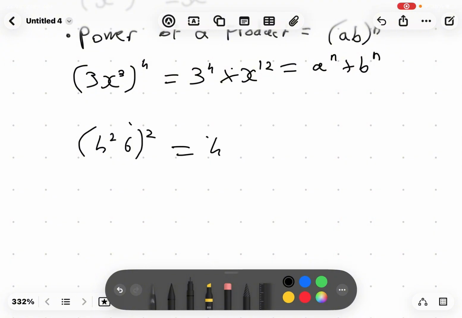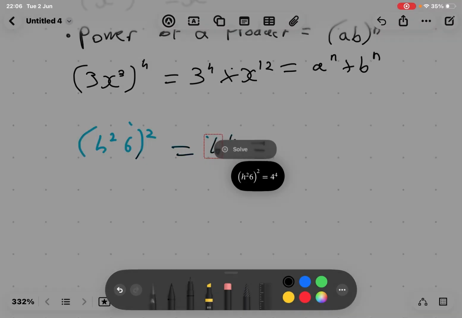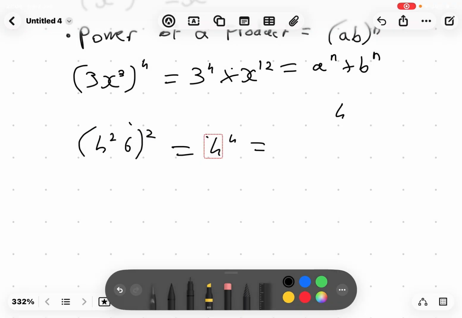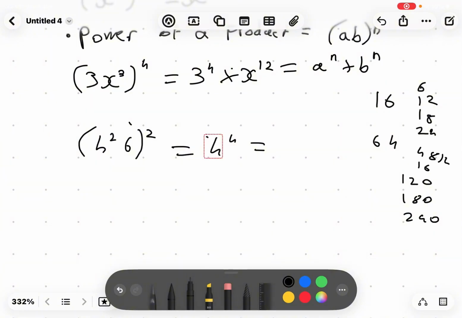So that equals 4 to the power of 4, which is 4 times 4 is 16, 16 times 4 is 64, and that times 4, 256.